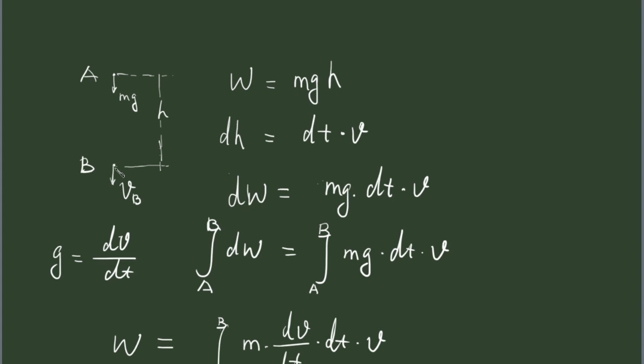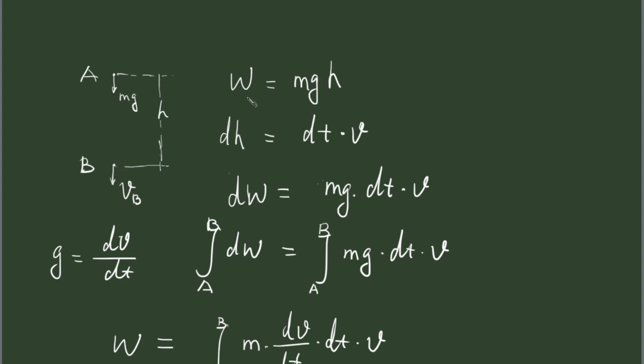So let's calculate how much work the gravitational force has done to pull the object from point A to point B, and how much the kinetic energy is when the object reaches point B.